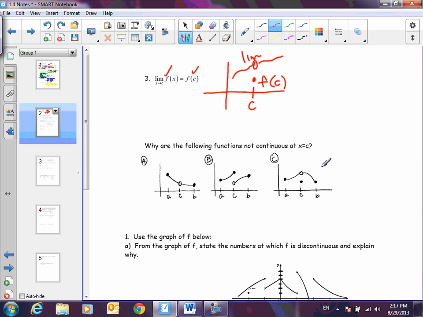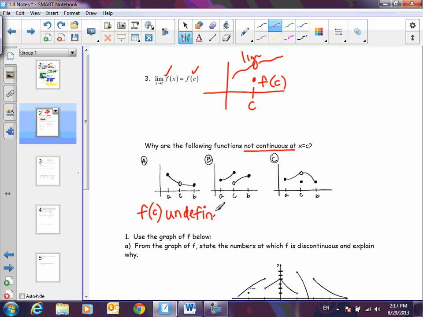Okay, so let's look at these three, and I want you to tell me, why is it not continuous? Is it because the point doesn't exist, the limit doesn't exist, or that they're not the same thing? So on A, what's happening to make this not continuous? Yeah, so what would I say? The point does not exist, and the way I'm going to write that is by saying f of c is undefined.